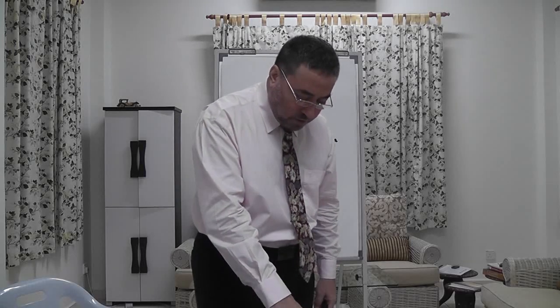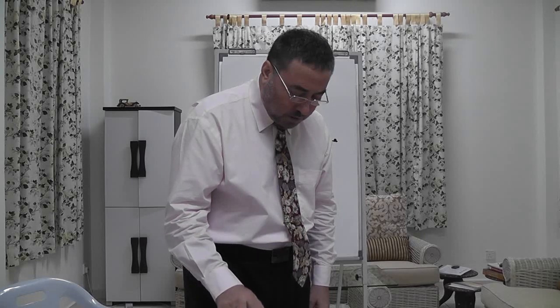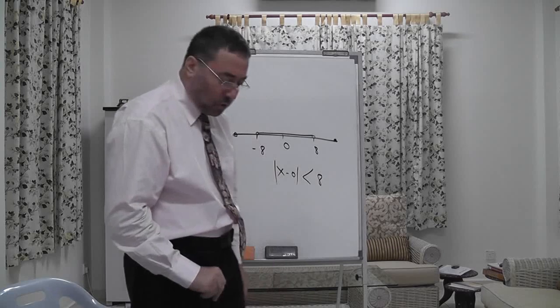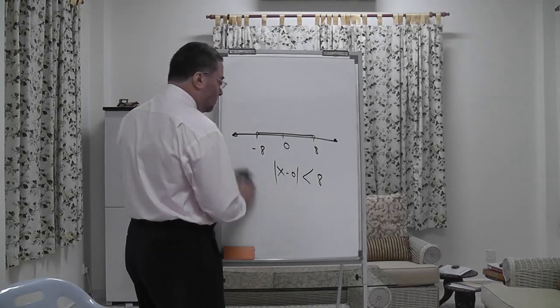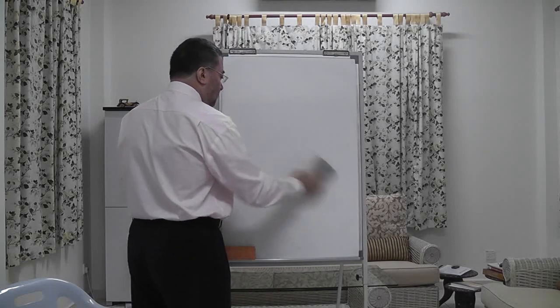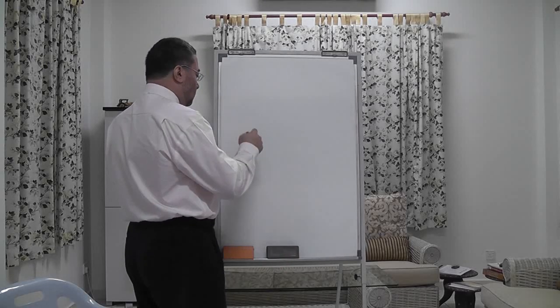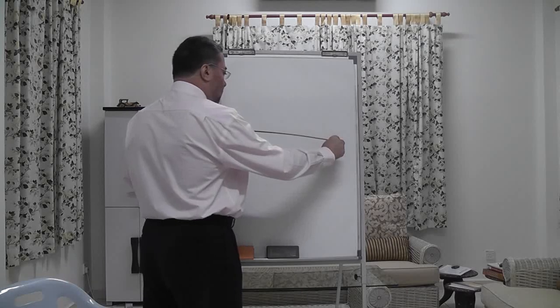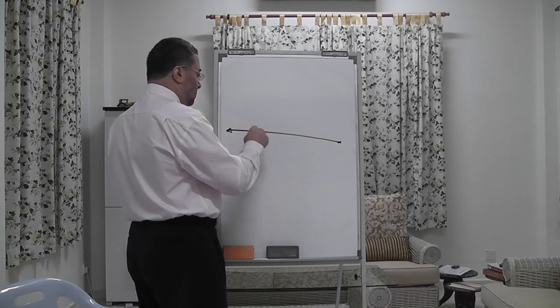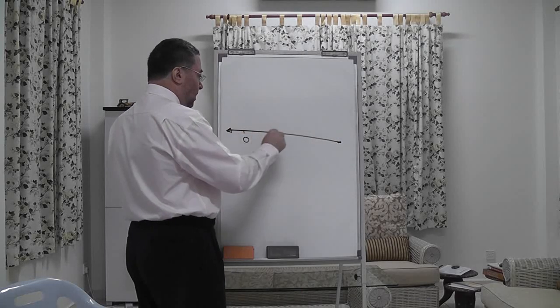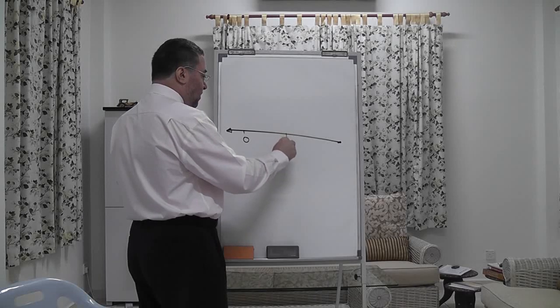Next is number 22. Marian's golf score stayed within 3 strokes of par. Par is 75 strokes. So let's put 0 here, and here is 75.